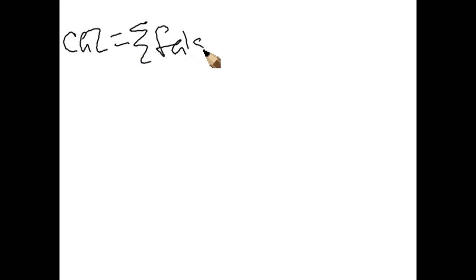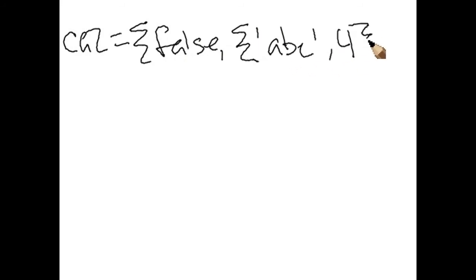Let's make a second one called cell array 2. The second cell array is going to have the value false, and then a nested cell containing the string ABC, and let's say the number 4. So remember, with nested cells, it still only counts as one cell.